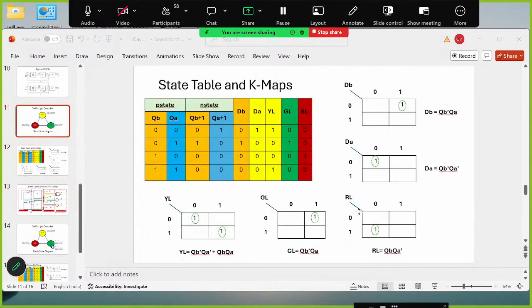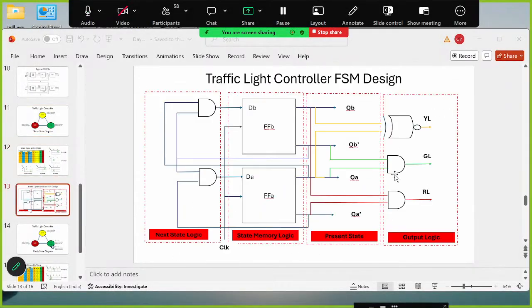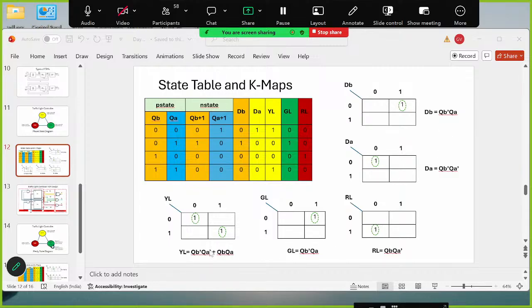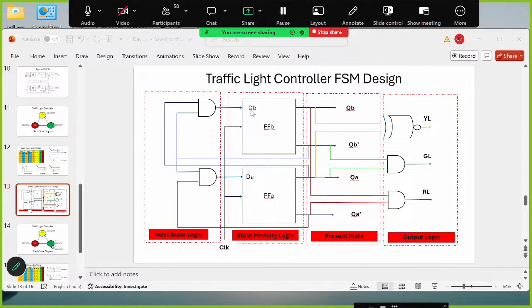Using this information, what should be connected? Just like at DB, QB bar and QA I have connected. So at DB, this is QB bar and this is QA, ANDed together, and they are connected as an input to DB.